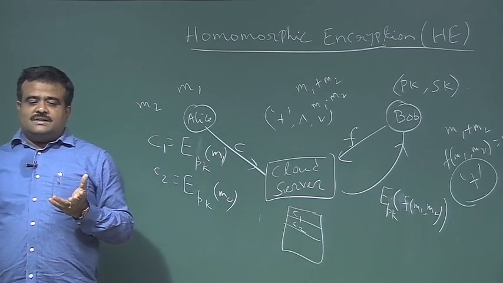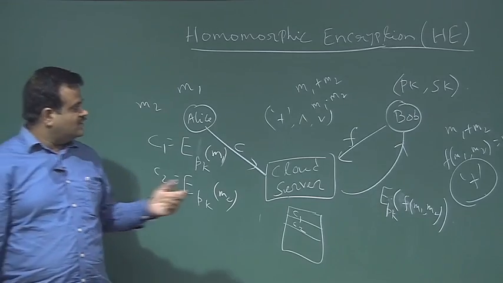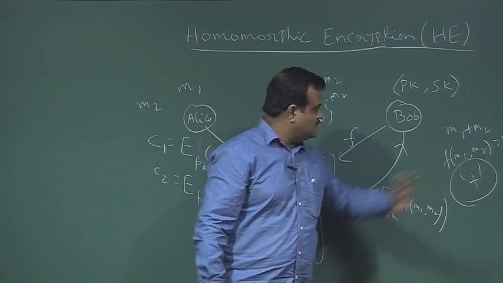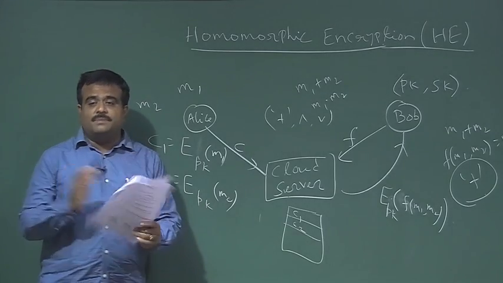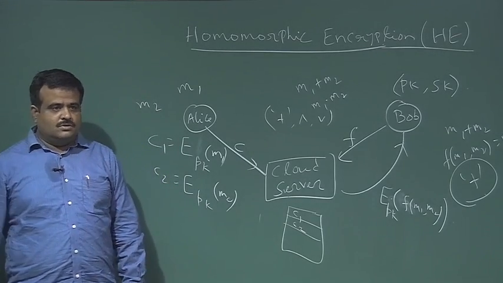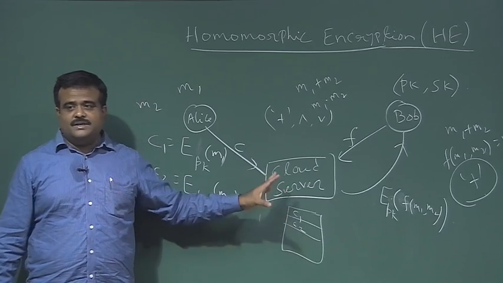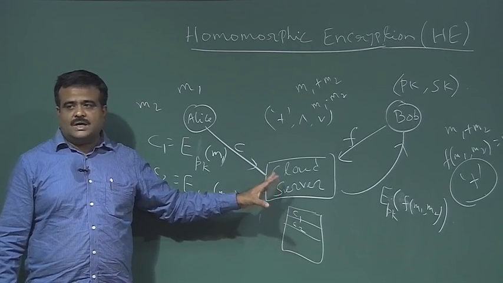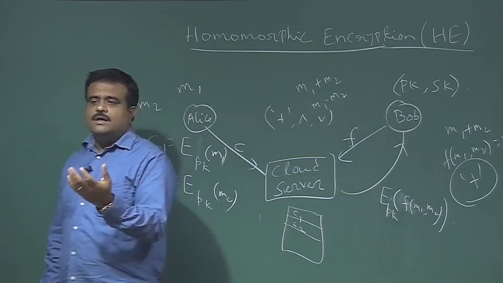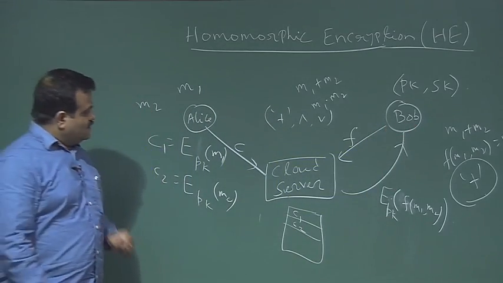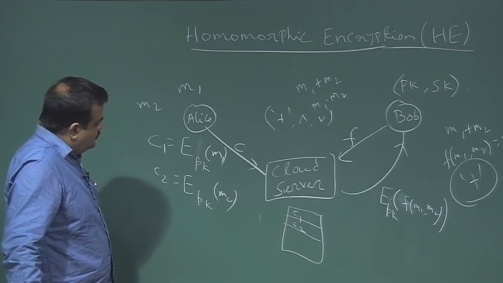So f is a general function, a general circuit, not necessarily just a simple M plus. f could be any general circuit, some complicated computation. That computation we are doing with the help of the cloud, not at this end, because Bob may be carrying a low power device. That is the main objective of homomorphic encryption.